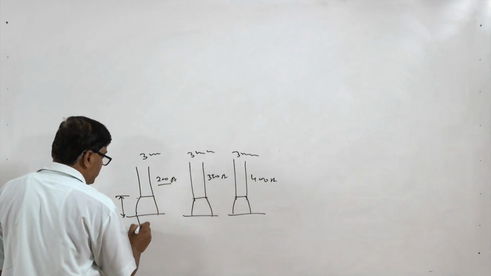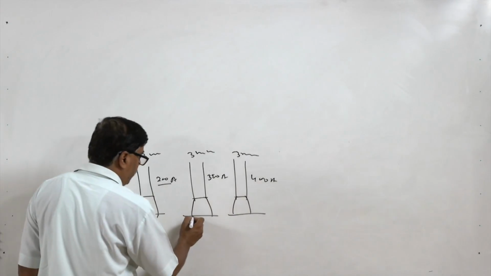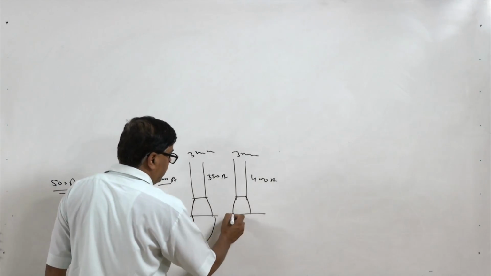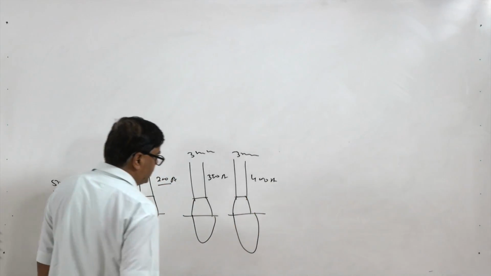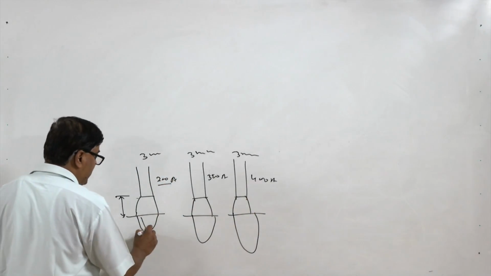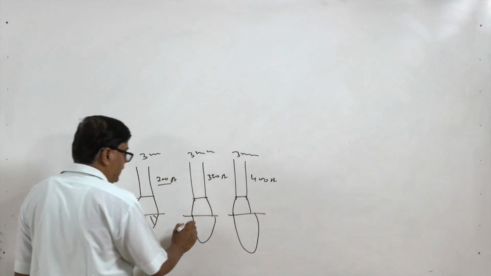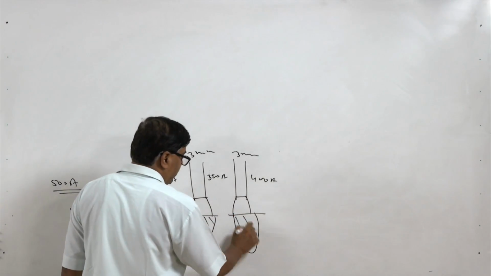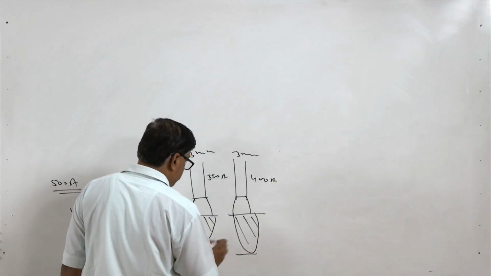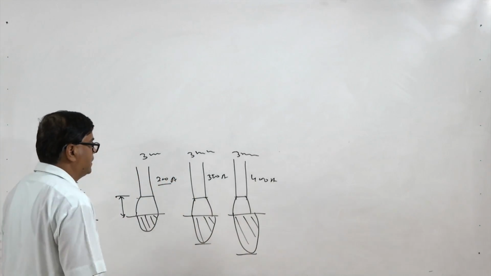Less heat will be generated in this case, more heat in this case and still more heat in this case. So, this will simply increase the area of the weld linearly, and the depth of the weld also increases under identical conditions.